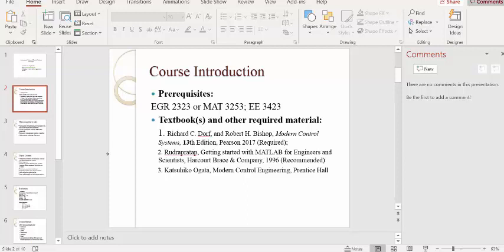There are also two other references. They're important. You can get more insights about how to do the simulation and get a better idea about other control problems or examples. You can go to reference 2 and reference 3, but you're not required to get a textbook.